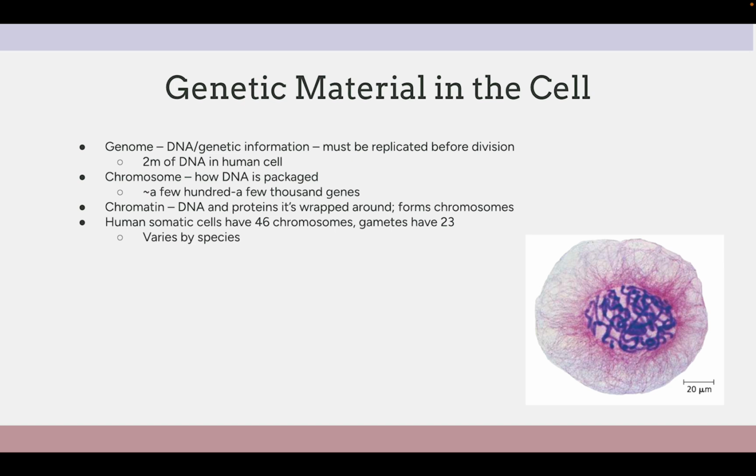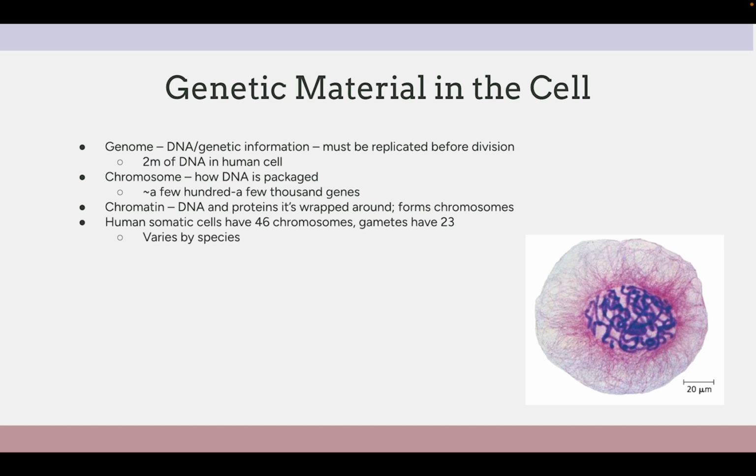So you may have heard the word genome in like the Human Genome Project, which was like a 20 some odd year long project that was meant to sequence the entire human genome. So yeah, and then there's a lot of it, right? There's 2 meters of DNA in a human cell if you just kind of stretched it taut.